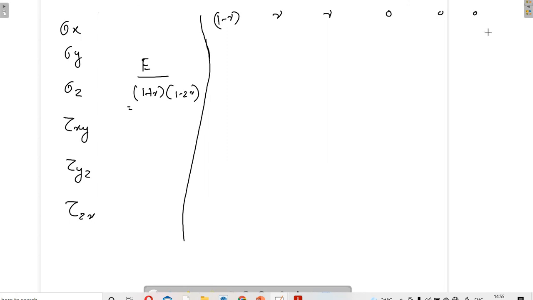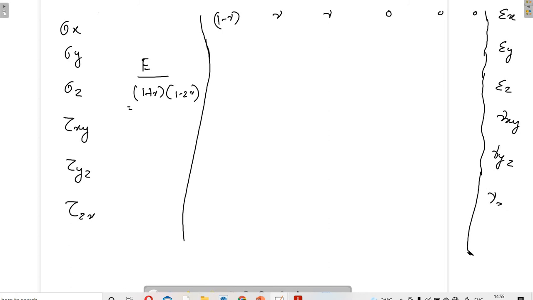Further, we have to write. It is difficult to draw the straight line, so I try to draw with the big pen. The vector on the right is epsilon x, epsilon y, epsilon z, gamma xy, gamma yz, and gamma zx.